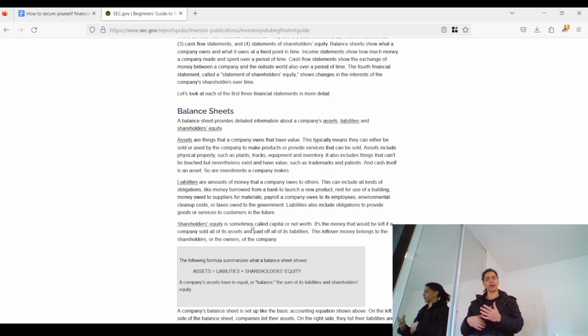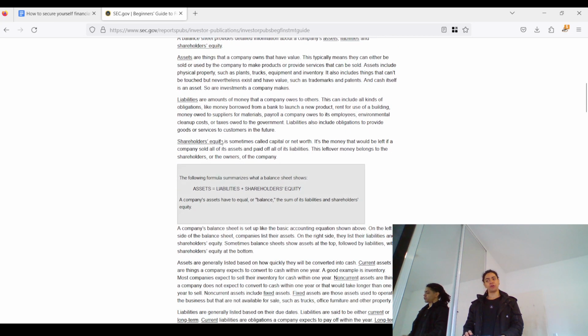The whole point is that you're helping others make money in the process. The balance sheet also follows a particular formula: assets are equal to liabilities plus shareholders' equity.